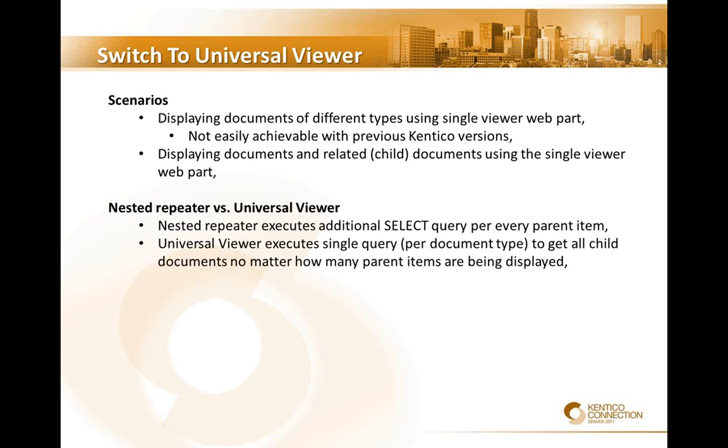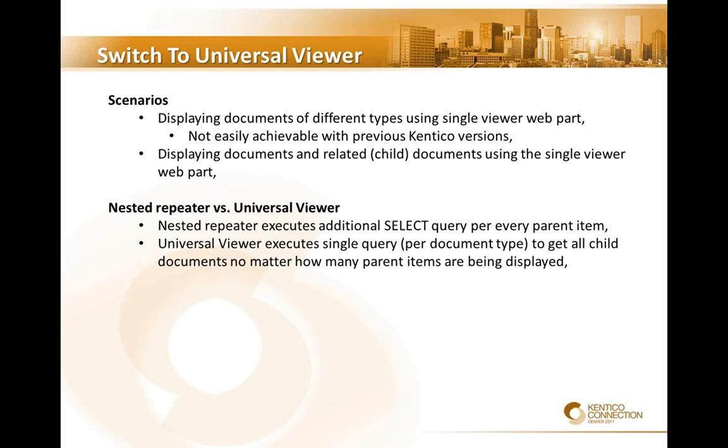And as maybe you have noticed, I said here that it executes a single query per document type, and that part, the per document type, is important, because with previous versions there was just a limited way how you could use a single repeater to display content of multiple document types.